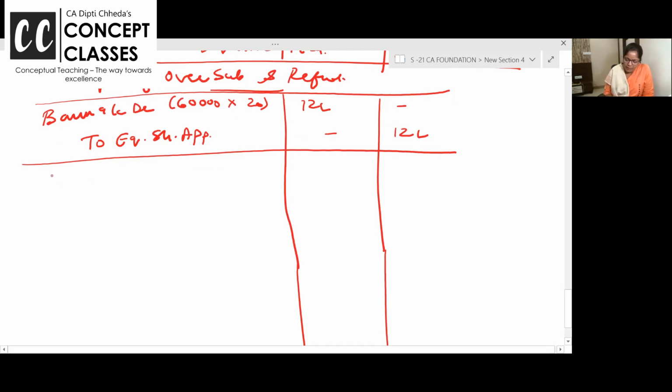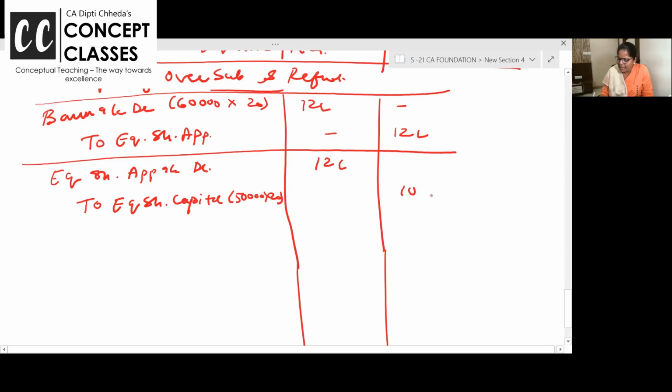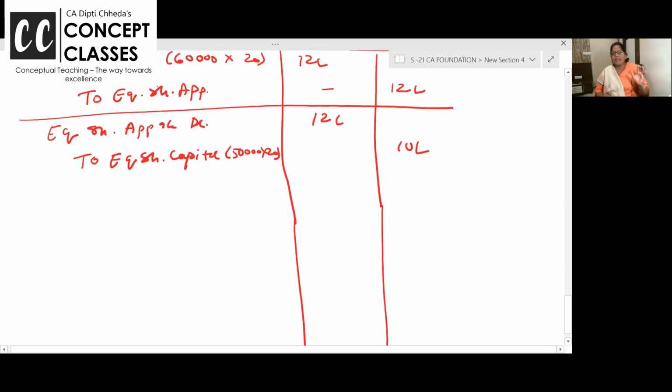But now allotment. Equity share application account debit 12 lakhs, to equity share capital. You credit only 50,000 into 20, 10 lakh. Whatever shares you have allotted, only that you put. To bank account, the 10,000 applications, sorry, bye-bye.